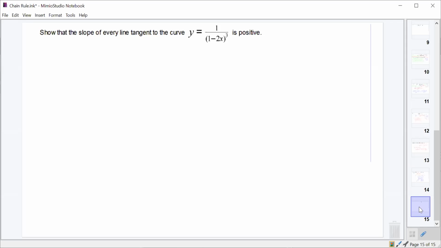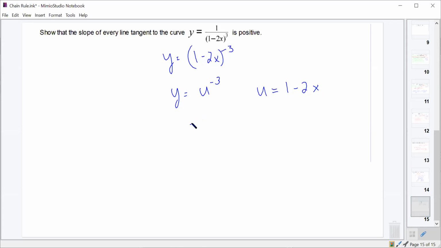So this is 1 minus 2x to the negative third power, isn't it? Which ought to be y equals u to the negative 3, with u equal to 1 minus 2x. And what's the derivative of u to the negative 3?